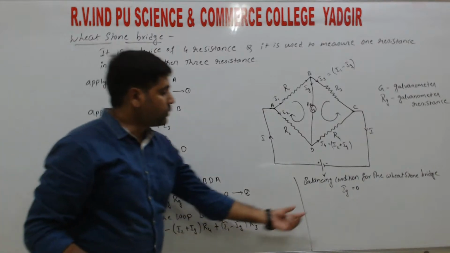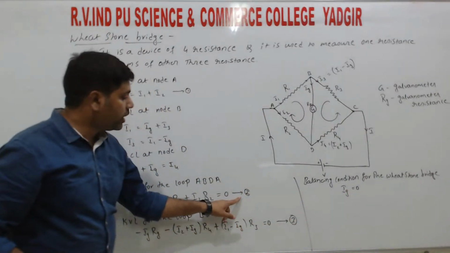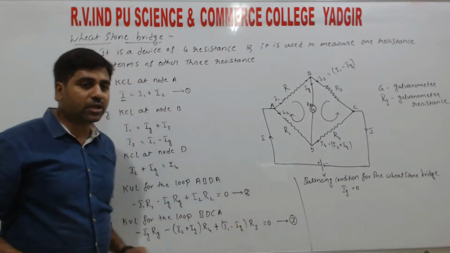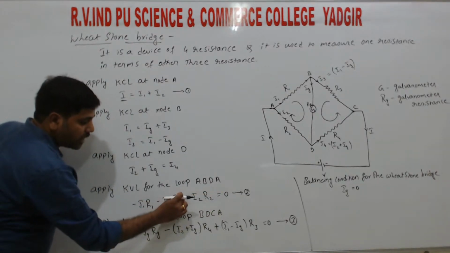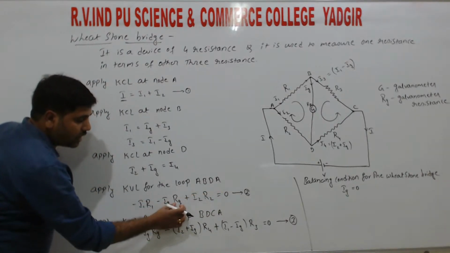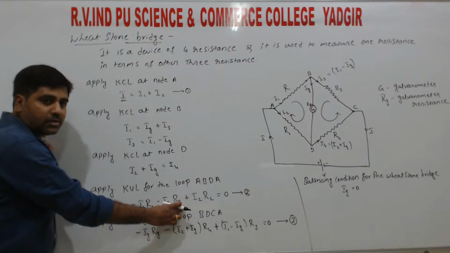Now substitute Ig equals 0 in equation 2 and equation 3. If you observe equation 2, if the current Ig is equal to 0, then Ig into Rg becomes 0.